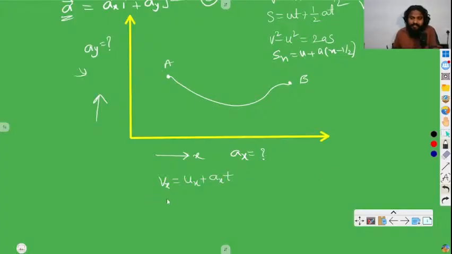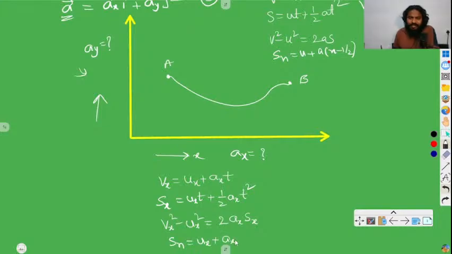In the same way, displacement along the x-axis is sx = ux·t + ½ax·t², right? And vx² − ux² = 2ax·sx, right? And one more equation, Sn = ux + ax(n − ½). These are the equations you can use along the x-axis if you know ax.